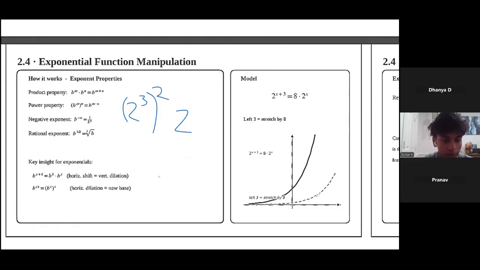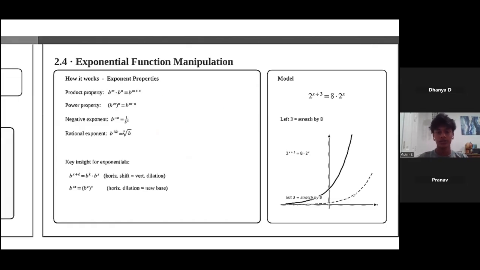Next, negative exponents. Sometimes you'll see negative exponents, and usually you don't want to work with these because they're a bit more tedious. So whenever we have a negative exponent, b to the negative n, this equals 1 over the exponent. The negative goes away when you put 1 over that. And the reason is basically negative 1, right? 2 to the power of negative 1, for example, or anything to the power of negative 1 is going to be 1 over the number.